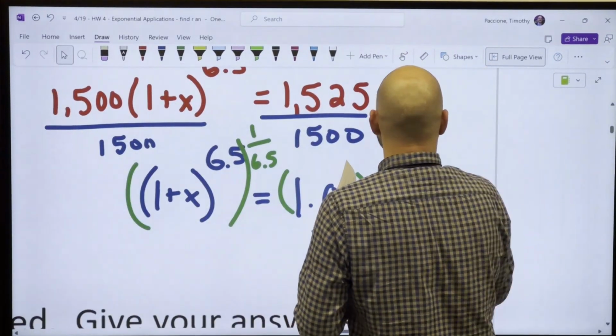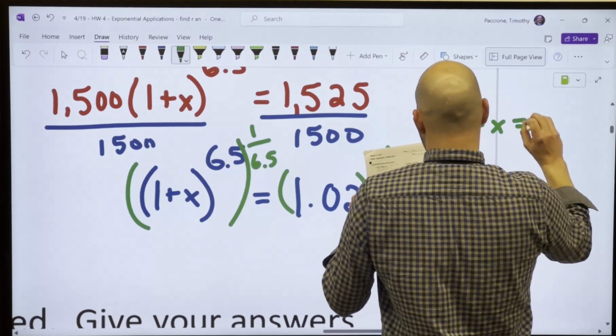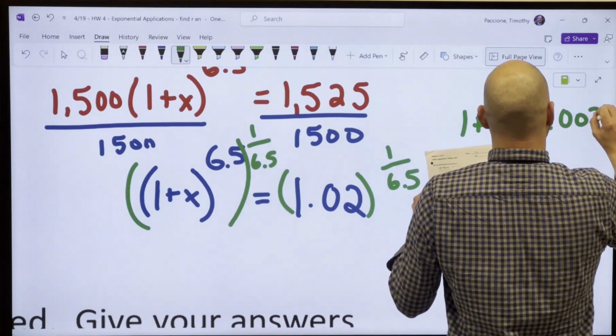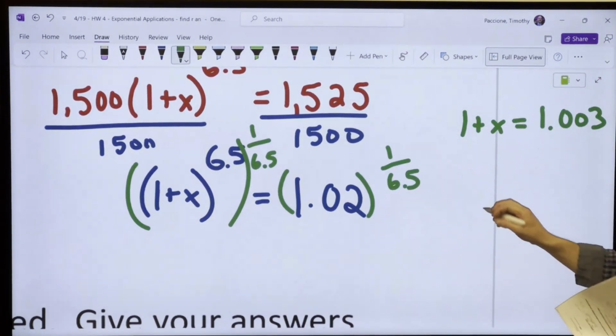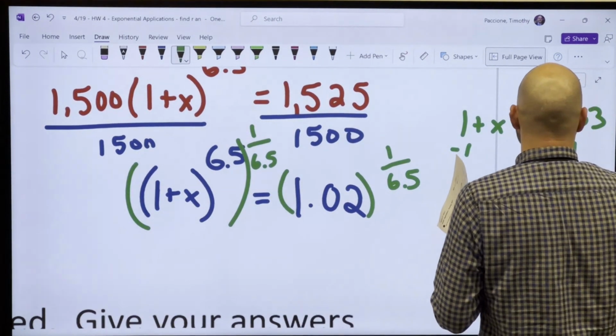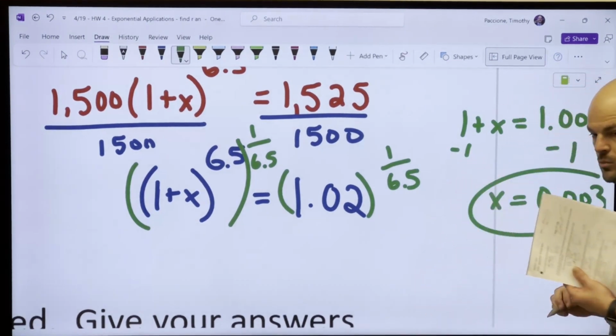Okay? And on one side I get 1 plus x, and on the other side I get 1.003. Now I just need to get x by itself. Subtract 1, x equals 0.003. Okay?